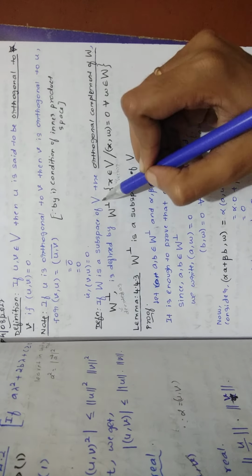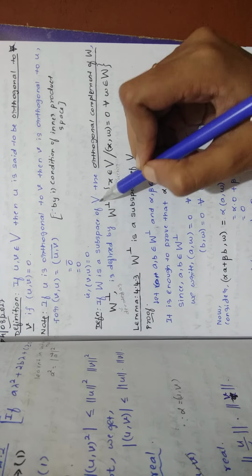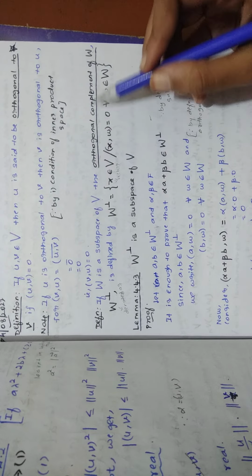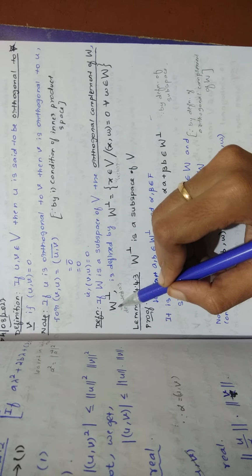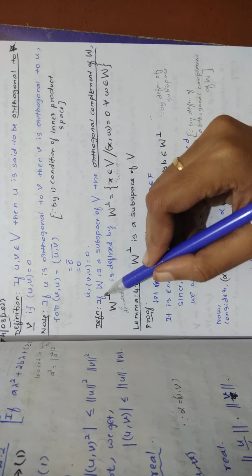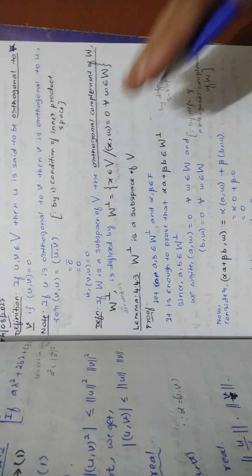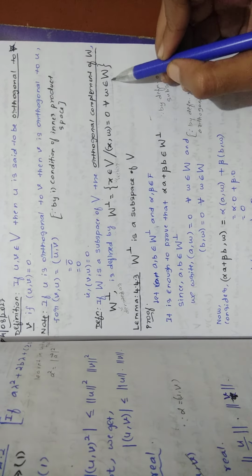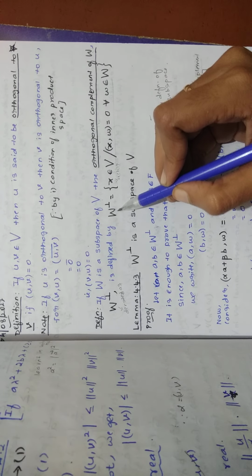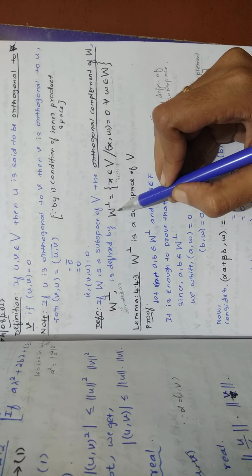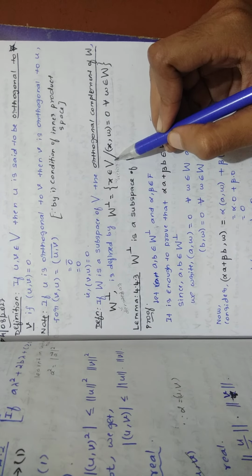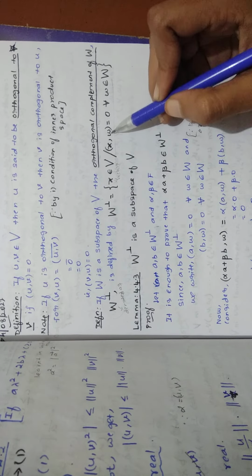The vector space is capital V. The subspace of this vector space is W. Now the orthogonal complement of W is denoted like this, and is defined by the set of all x belongs to V such that inner product x comma w is equal to 0.